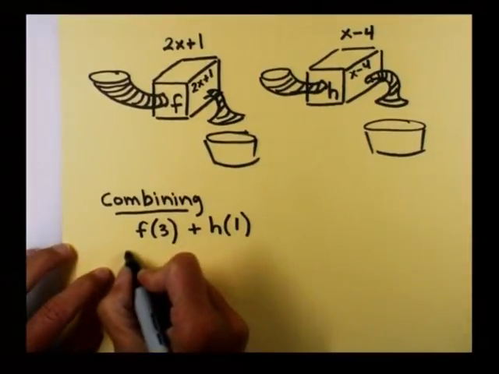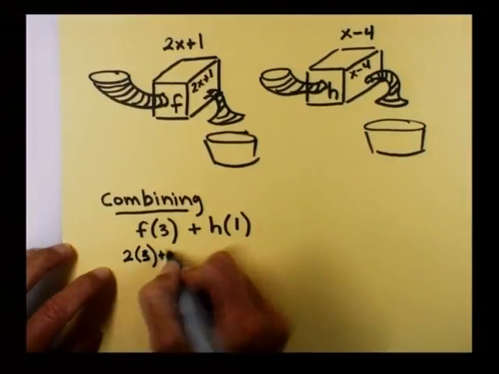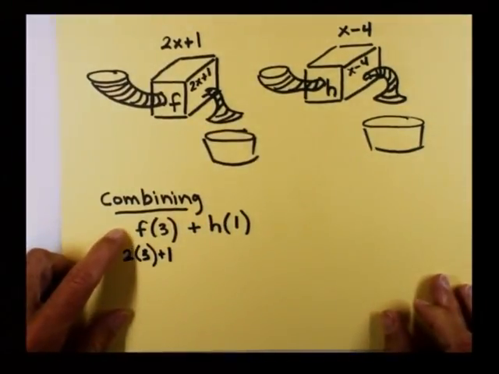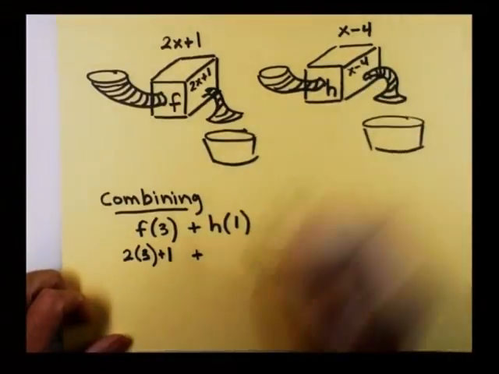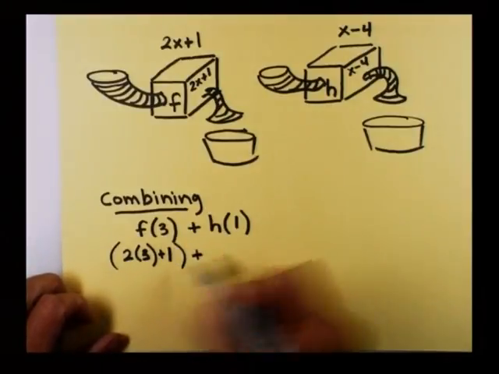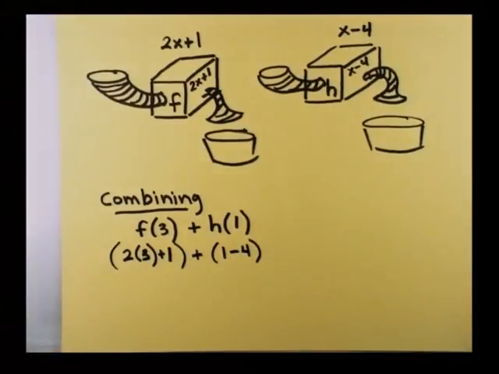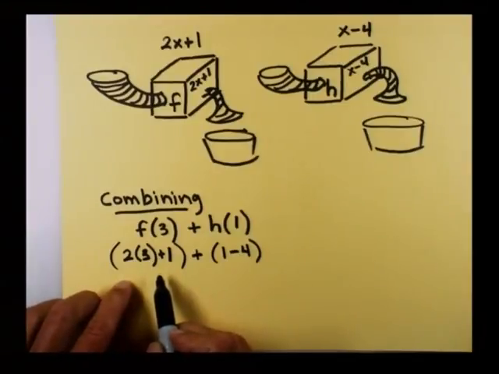So doing some algebra here, I would represent this as 2 times 3 plus 1. That was my F function. And my H function over here was x minus 4. So on this side, I have 1 minus 4. So here we go.